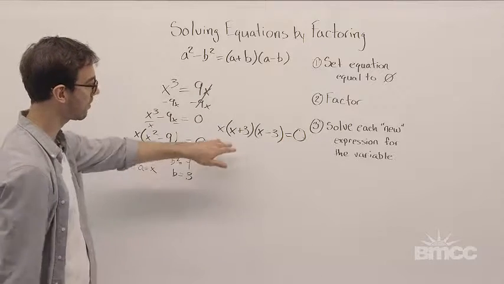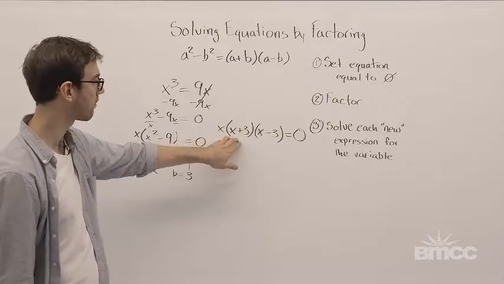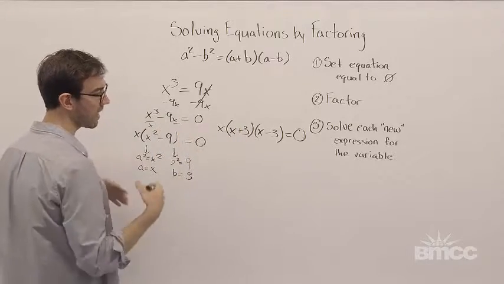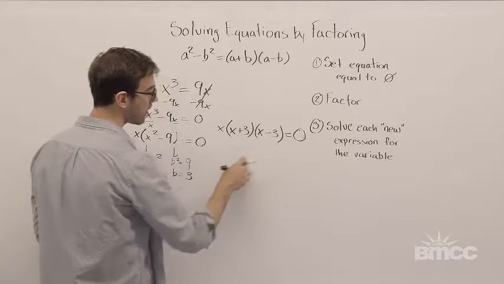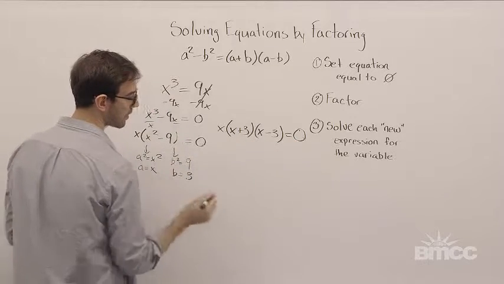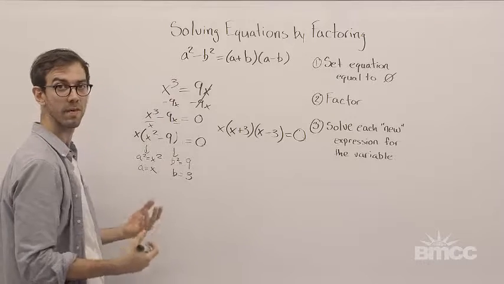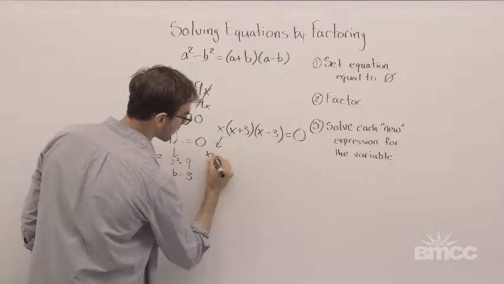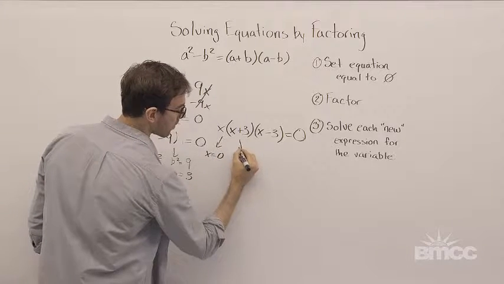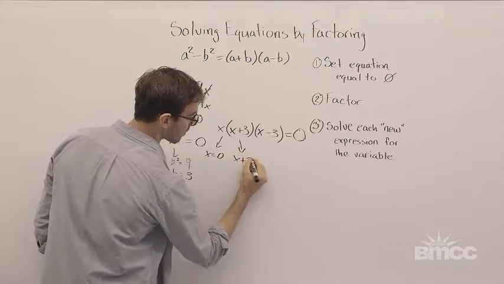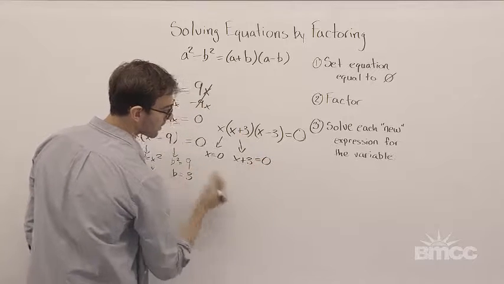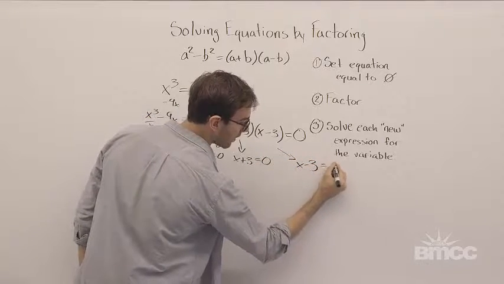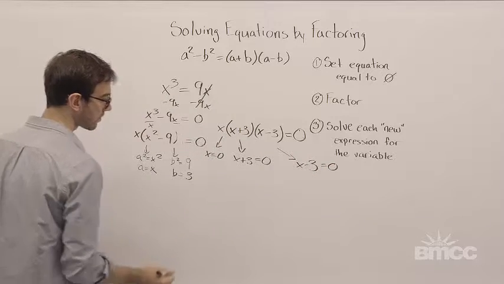And now, finally, we're in a situation where we can really start solving for x. Again, using the idea that anything times 0 gives you 0, any of these could potentially be equal to 0. So we don't have two possible situations like before. We've got 3. We have one where x is equal to 0, another where x plus 3 is equal to 0, and our last one is x minus 3 is equal to 0.